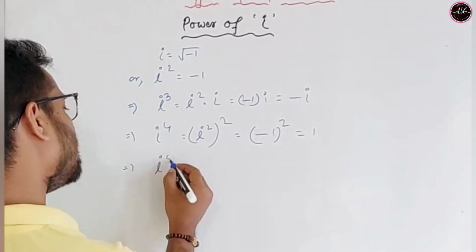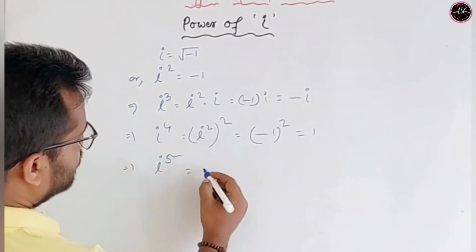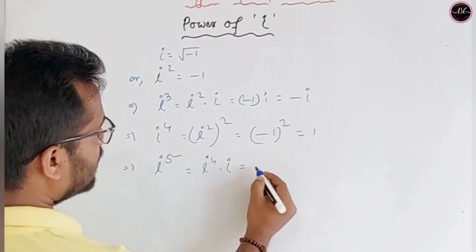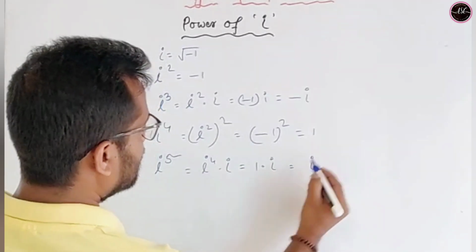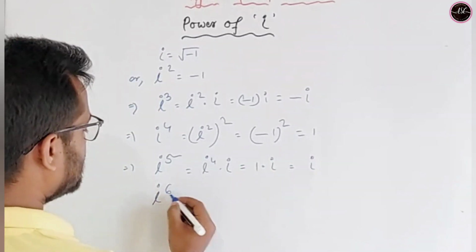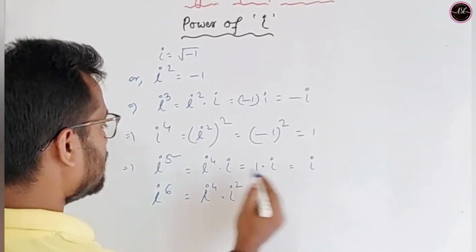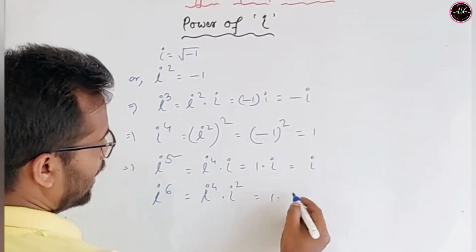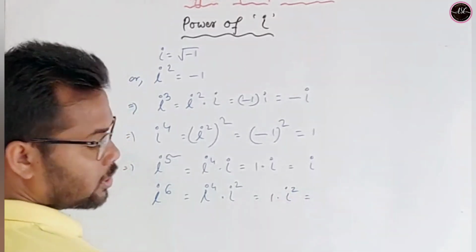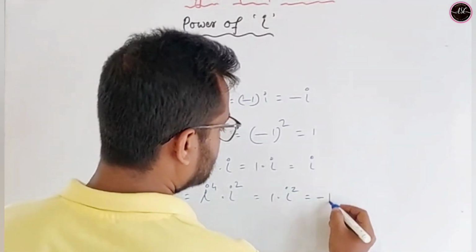Now I to the power 5 equal to I to the power 4 dot I, that means 1 dot I, that means I. Now I to the power 6 equal to I to the power 4 dot I square, that means 1 dot I square, and the value of I square is minus 1, so minus 1.